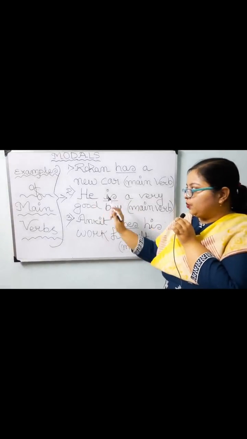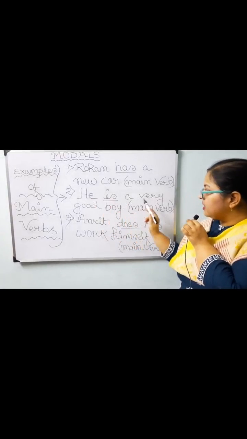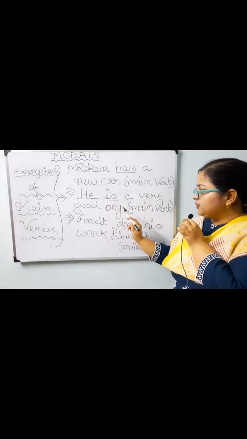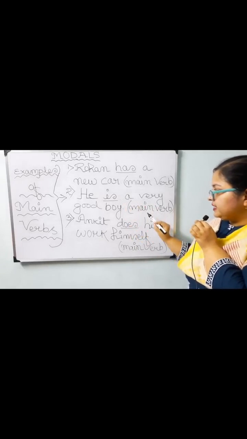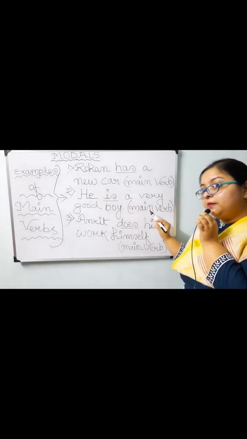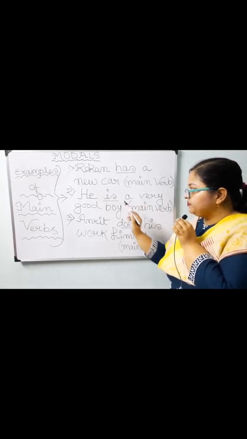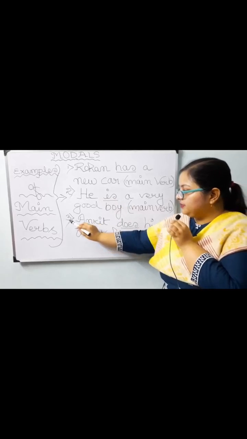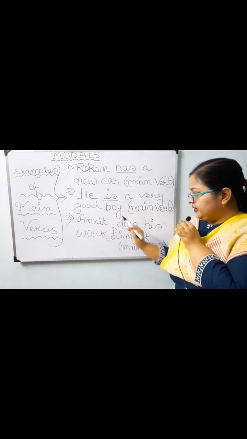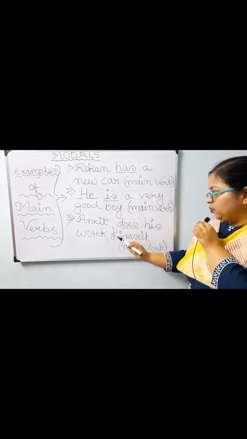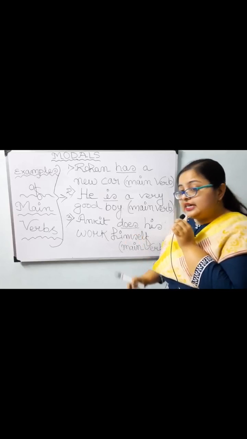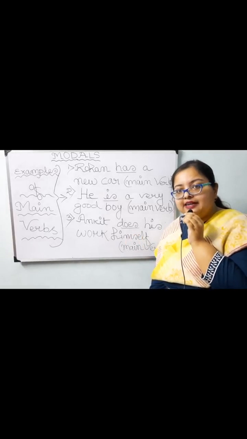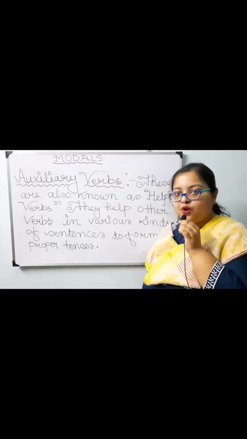Now number two: he is a very good boy. Now is over here is acting as main verb. Okay. Next, number three: Ankit does his work himself. Here does is acting as main verb.